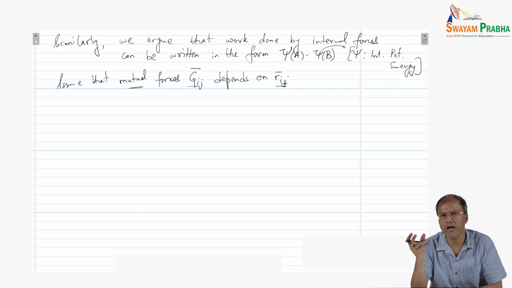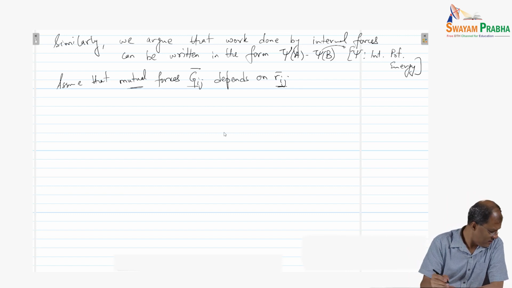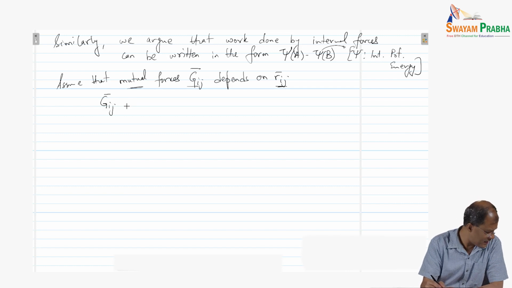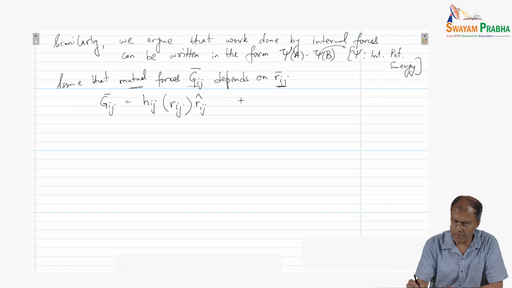For example, in the context of planetary motion, we know that the mutual laws of attraction depend on the interplanetary distance. So this is a very logical assumption. So we can write my mutual forces Gij to be Hij rij hat, where rij is ri minus rj.